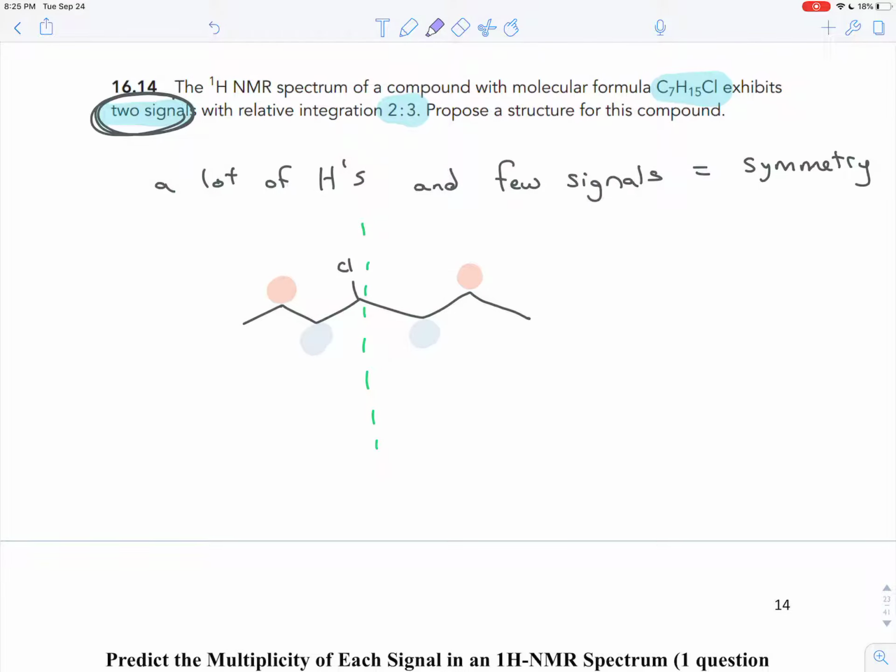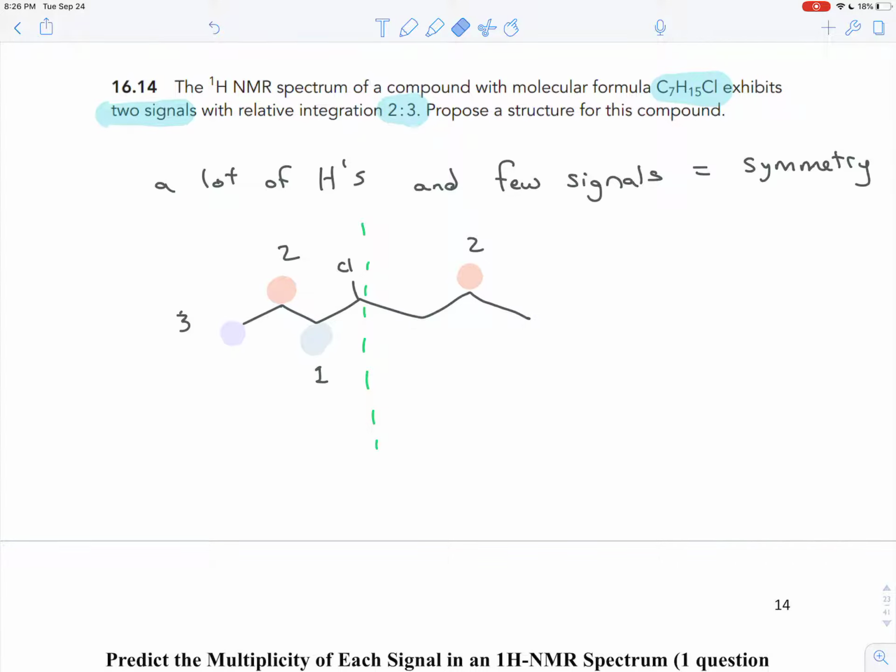And the hydrogens on the CH3s, even further from the chlorine, are a third. This would give rise to 3 signals. But they told us the true molecule only has 2 signals, so this can't be the true molecule.